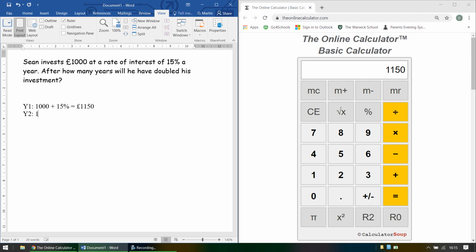So in year two, we're starting off with £1,150. We add 15%, so I multiply that by 1.15. Tells me the end of year two, I've got £1,322.50.